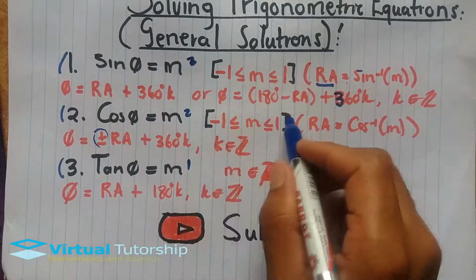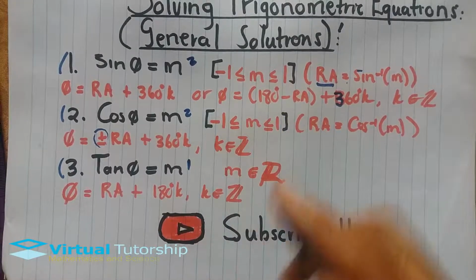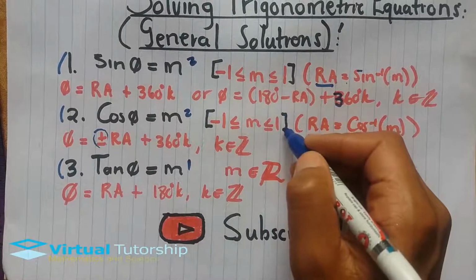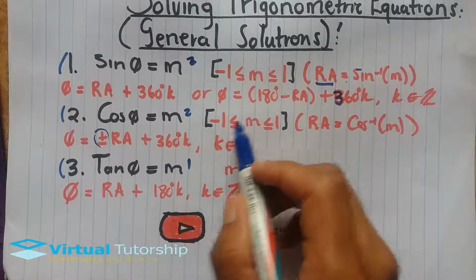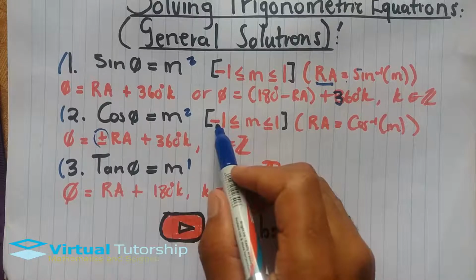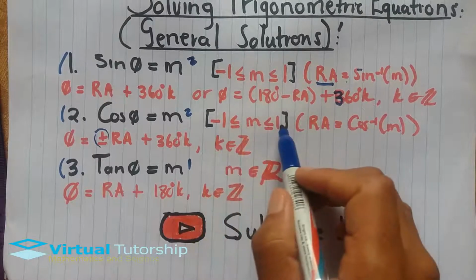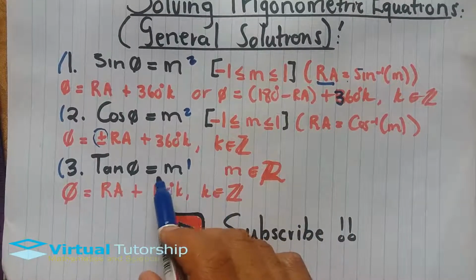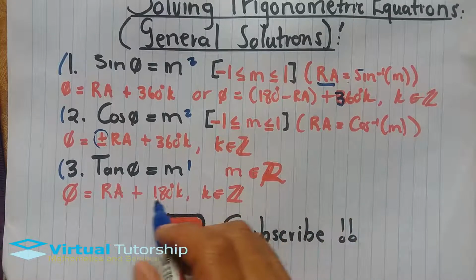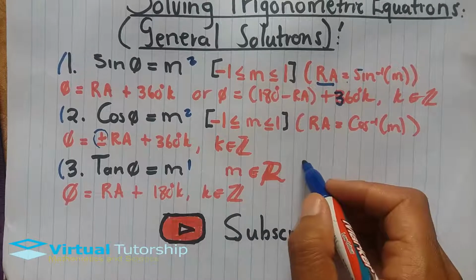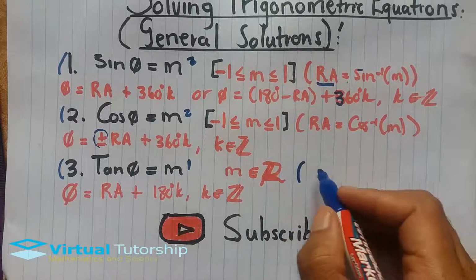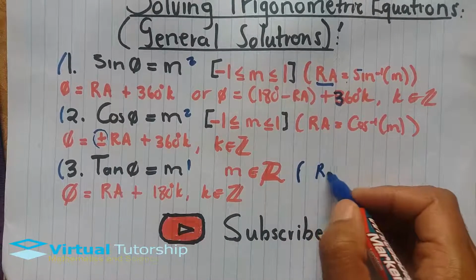So there's a restriction here. This restriction is telling us the value of m. So m must be between -1 and 1 for the sine and cosine, but for the tan function, m is a set of real numbers.